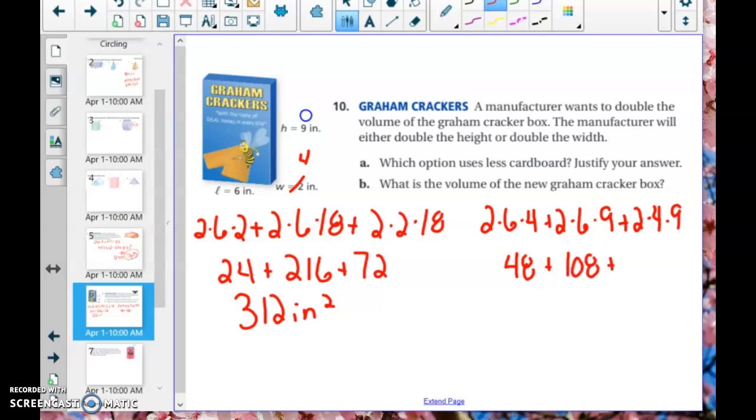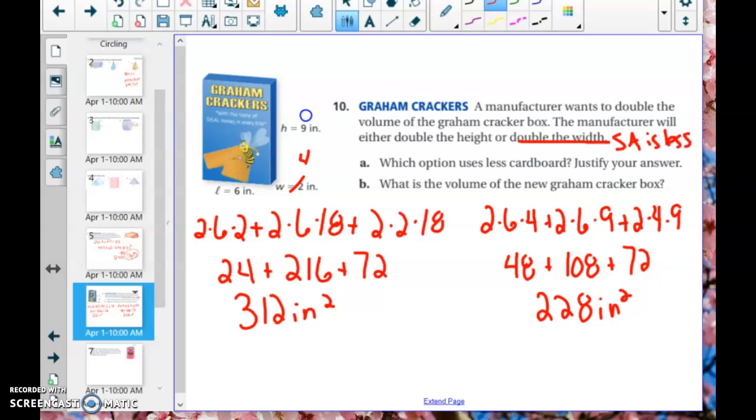And then 2 times 4 times 9 is 72. And then when I add those three parts together, the surface area for this one would be 228 inches squared. So which option uses less cardboard? It would be double the width because the surface area is less.